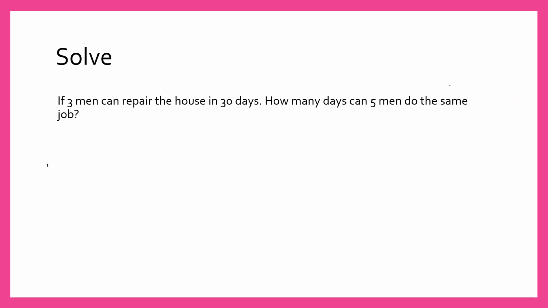Okay, next let's have this one. If 3 men can repair the house in 30 days, how many days can 5 men do the same job? So we have 3 men over 5 men, that is equal to how many days?